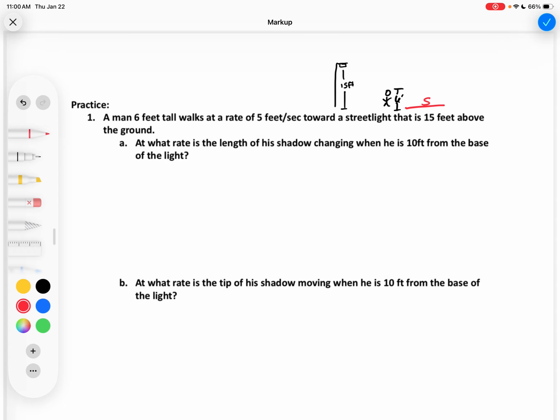And from the base of the light, that's X, but this particular problem is going to be 10. Obviously he's walking, so generically this would be X here from the base of the light to where he is. For our particular problem, we fill in X and S, and it's going to end up actually having a value. So now we've got X and S, and then I've got dx dt and ds dt.